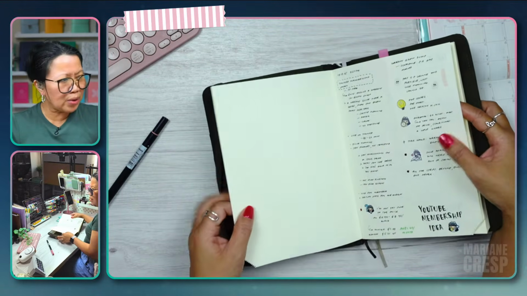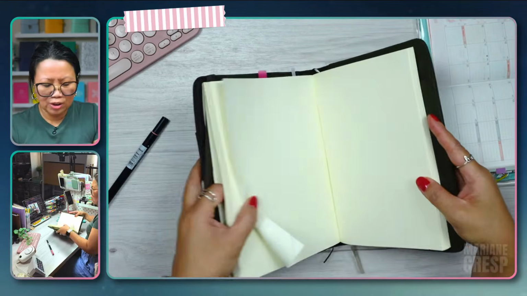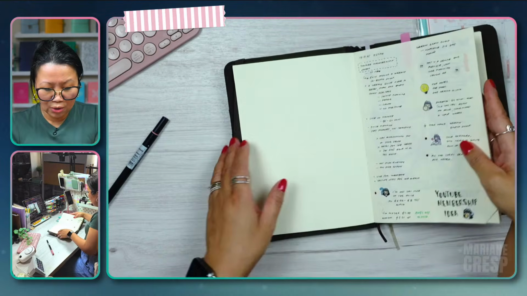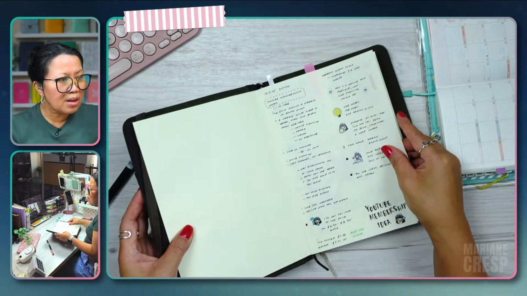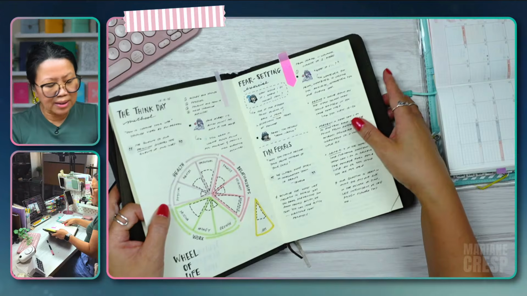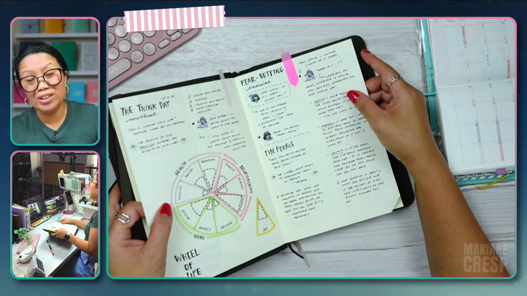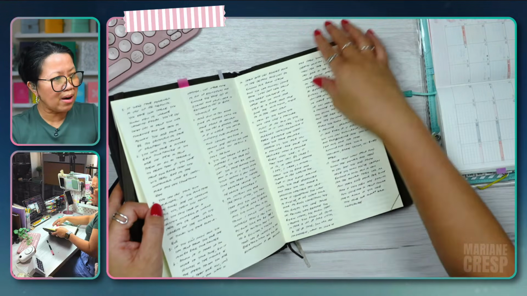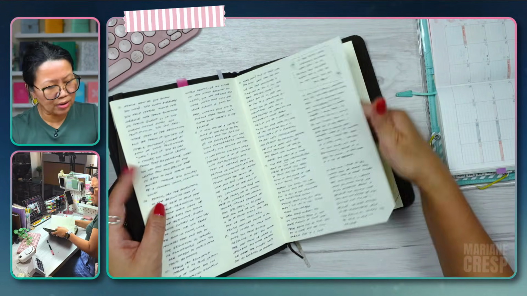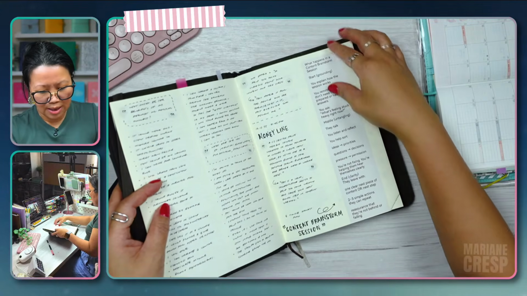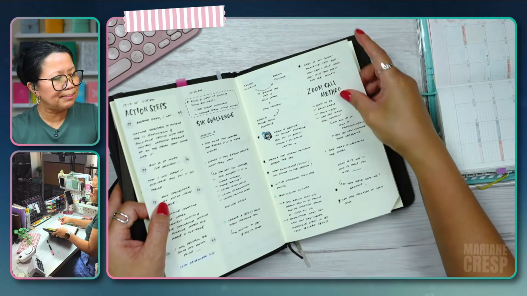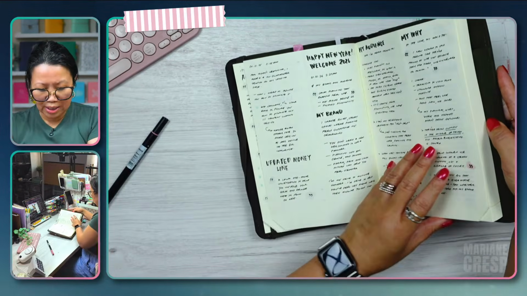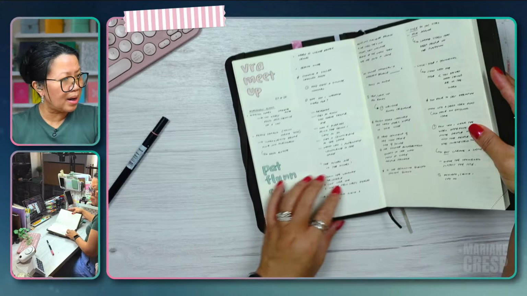This is a Midori Codex A5 dotted journal, just a plain blank dotted journal. When I'm doing any online course I'm learning about, or any deeper dive journaling that requires more than one page, this is where I write it. So lots and lots of writing, and no structured layout.